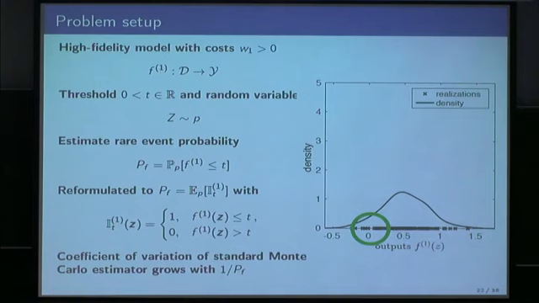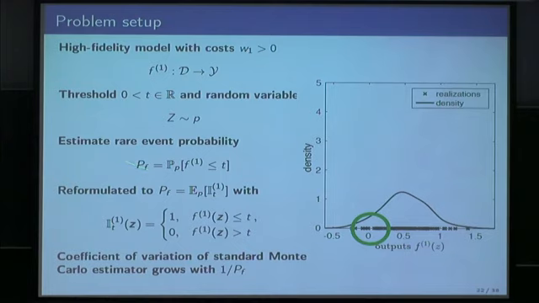And we are interested here in the case where this p_f is small, where we have a rare event. And the problem that everyone in this room knows about is that the coefficient of variation of the standard Monte Carlo estimator grows with 1 over p_f, so it becomes worse as this probability decreases.